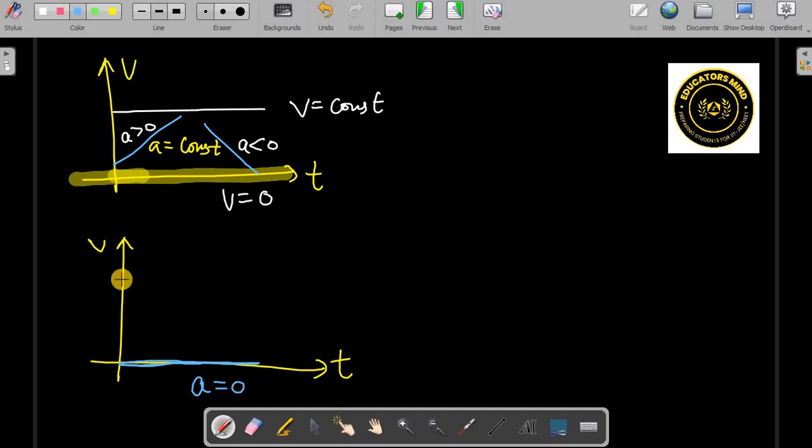Even another, like this, also represents zero acceleration because slope is 0. But now let us say that it is variable. So velocity is changing, but acceleration is not constant. So again it can go parabola, different kinds of graphs it can be. So let's say it's a parabola.